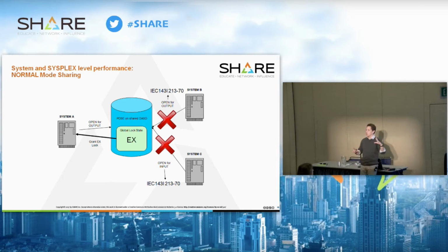There's a whole table of exactly what these mean in the PDSE usage guide. But these two systems are being blocked by system A. And as long as system A is sitting on that exclusive lock, systems B and C are going to be made to wait.